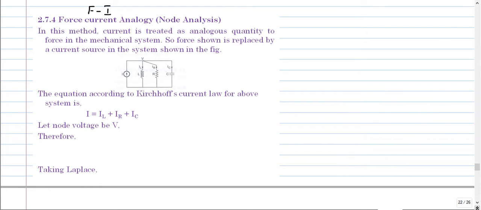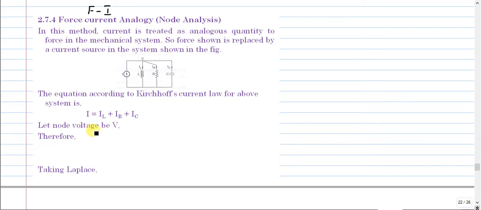So we will write the Kirchhoff law as per the current, that is given I is equal to the current carrying around inductor, around resistor, around capacitor. So previously we measured voltage across inductor, resistor and capacitor.